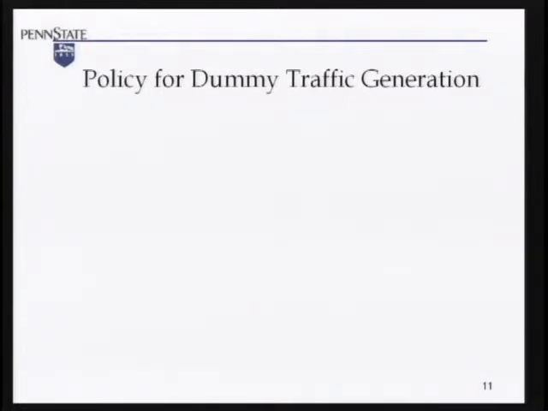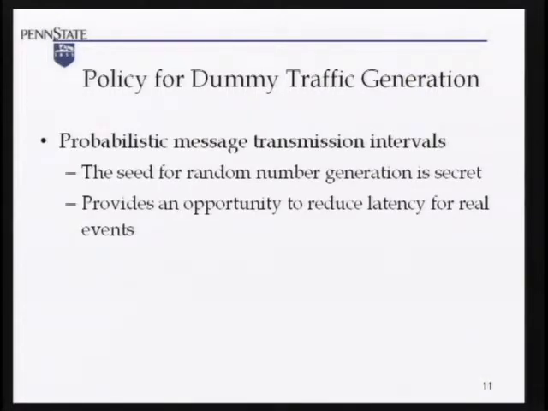Okay, now once we have this concept of statistically strong event unobservability, let's talk about how we generate dummy traffic. As I mentioned, you want to use this probabilistic distribution to generate the time intervals for the events, dummy or real.